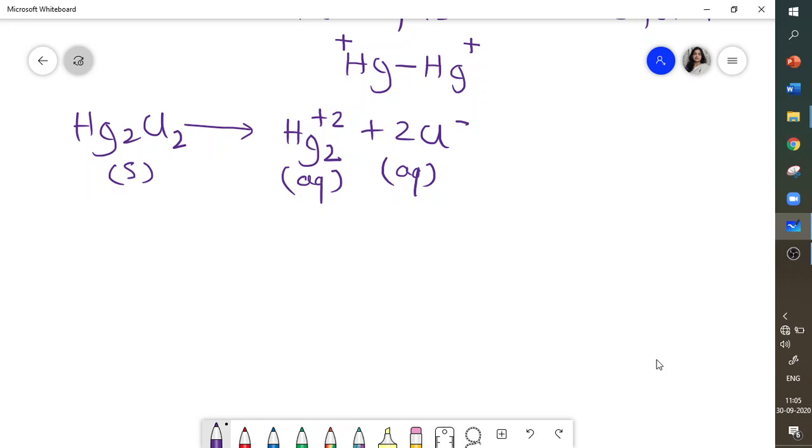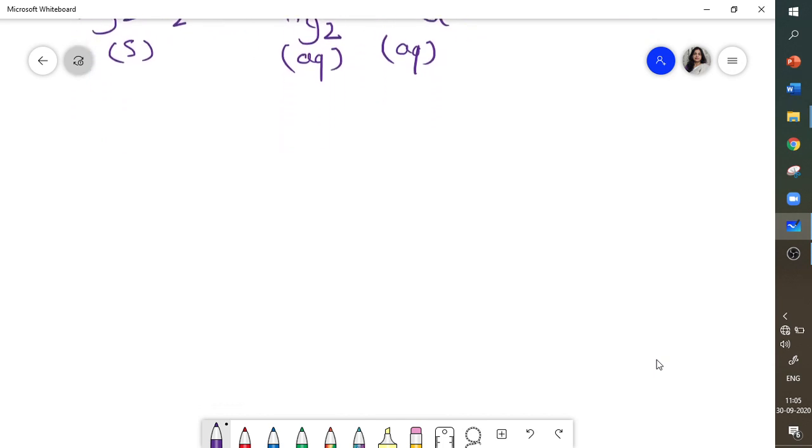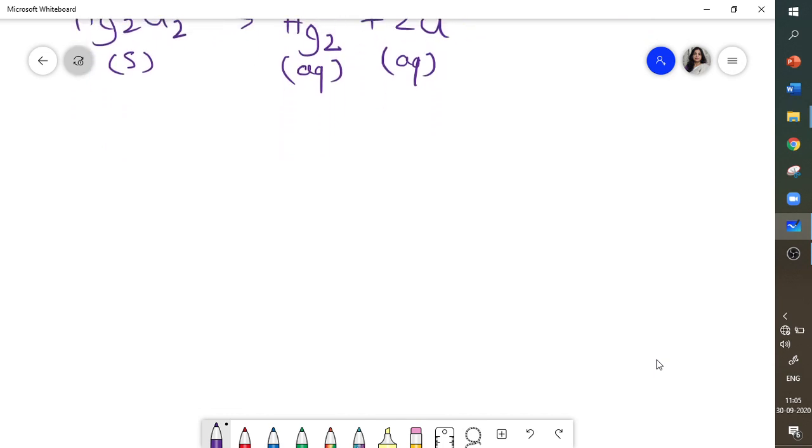Now first let's see what types of calomel electrodes there are. First I want to draw some external features of this one. If I draw this calomel electrode, it's very simple.